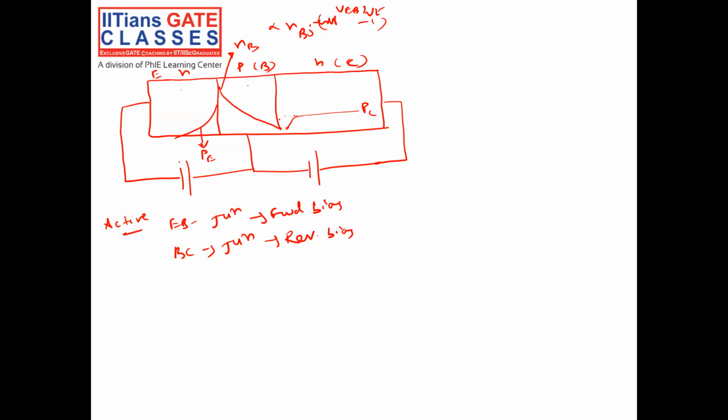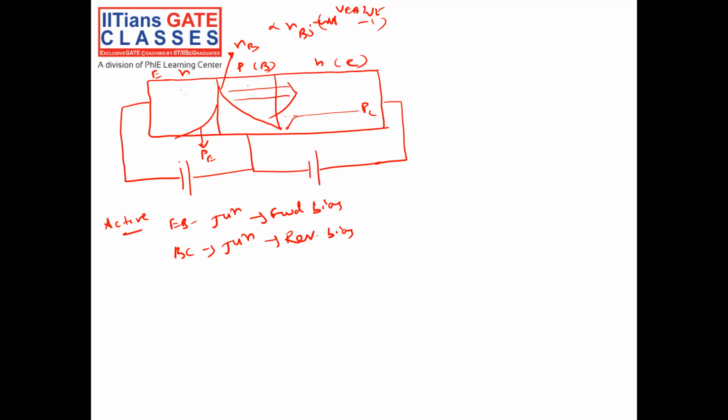Since the emitter base junction is forward bias, there is injection of electrons from emitter to base. In the base region, because there is a concentration gradient, the electrons will diffuse like this and generate a current, because these electrons will be attracted by the reverse bias junction.